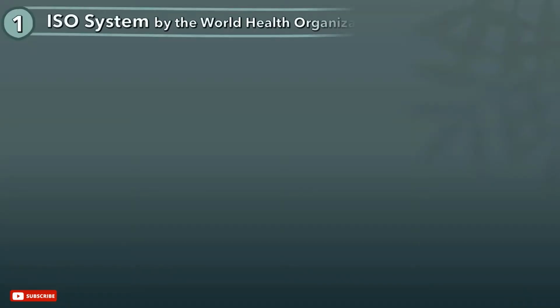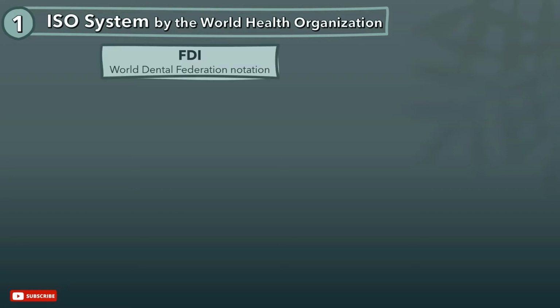The first one is the ISO system by the World Health Organization. It is also called the FDI for the World Dental Federation notation. ISO stands for International Standards Organization.